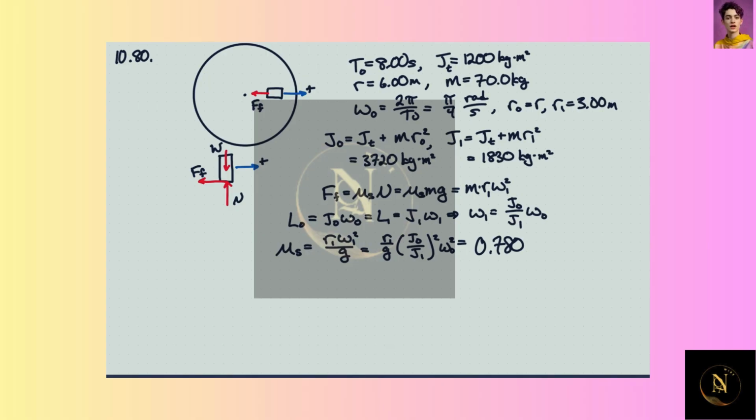But again, you can see that this makes sense. If omega naught is 0, then this isn't spinning, so the static coefficient of friction is going to be 0 because we're going to slip no matter what.